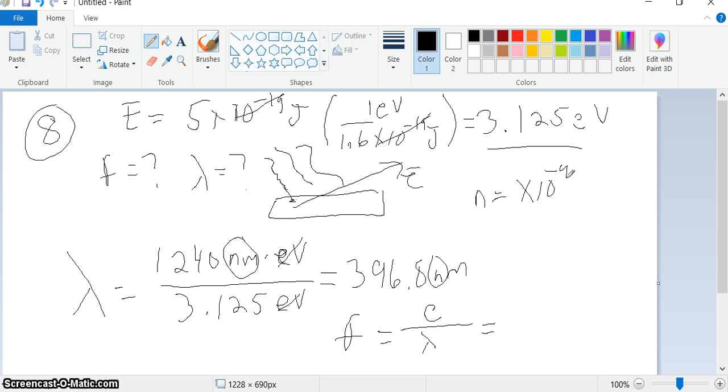So we're going to leave c in meters, so this would be 3 times 10 to the 8th meters per second, divided by 396.8 times 10 to the minus ninth meters, right? And of course the meters cancel, and that's good because then you get your answer in 1/seconds, which is hertz. That's the same thing as hertz.